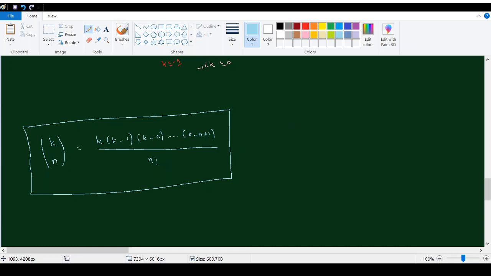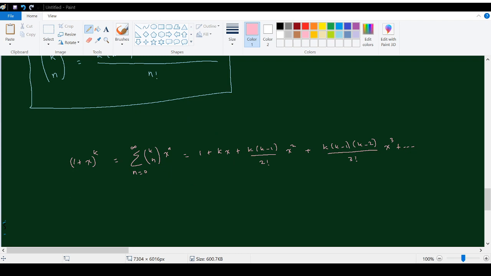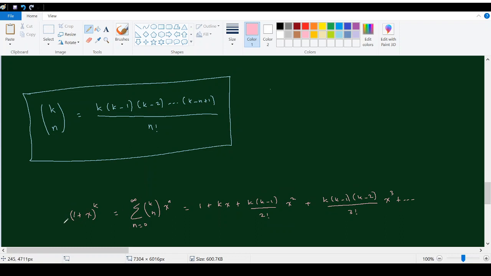So according to this notation, we can rewrite our binomial expansion in this way, right? Instead of writing this whole big term, we can rewrite it using the notation of the binomial coefficient like this.